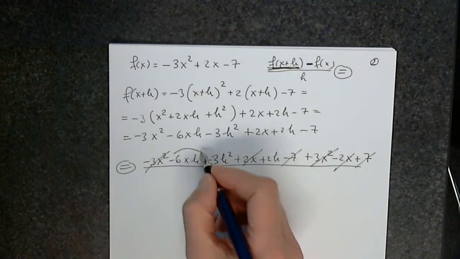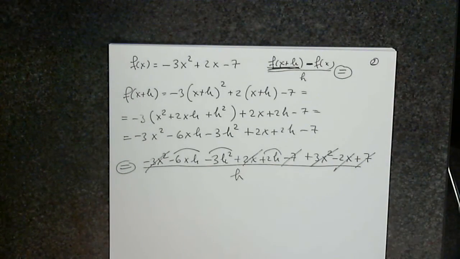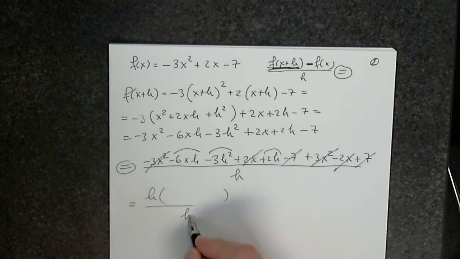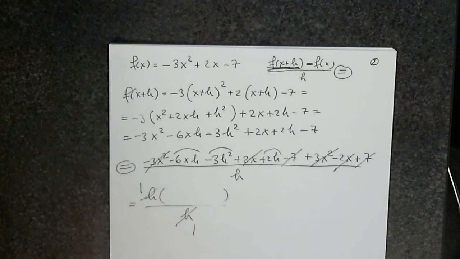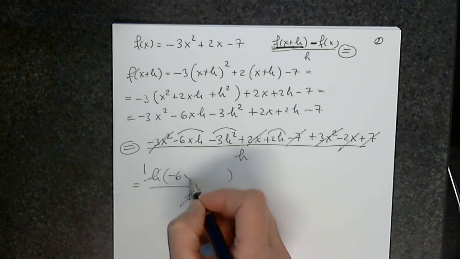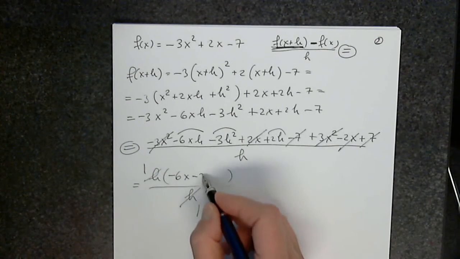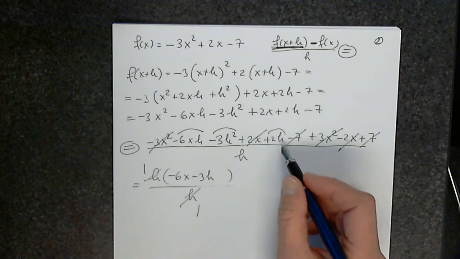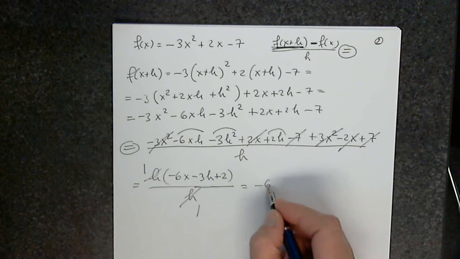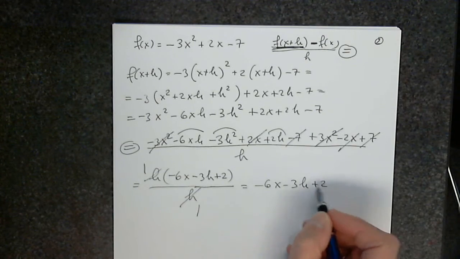So now we have 1, 2, 3 terms left, and all of them have h in common, and I have to factor it out. Why? Because I will eventually simplify it with the h in the denominator. So I have negative 6x, I have negative 3h, and I have positive 2. So the simplified form is negative 6x minus 3h plus 2.